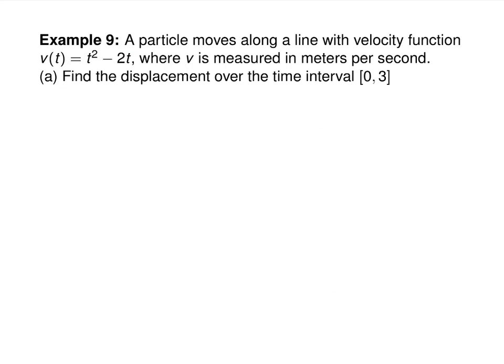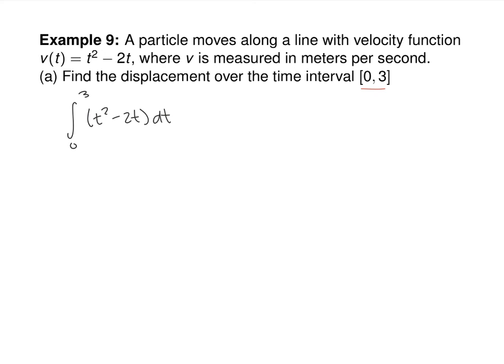Okay, the difference between displacement and distance traveled. So with displacement, you're still accounting for negative area, as in you're saying, how much has my position changed? And if the particle goes backwards and forwards, maybe you change nothing, right? So we want to find the displacement over the time interval from 0 to 3. That is just the definite integral from 0 to 3 of t squared minus 2t.